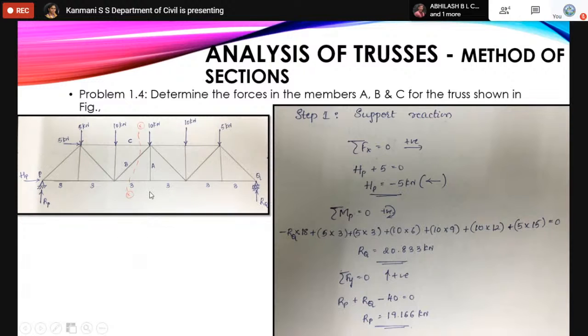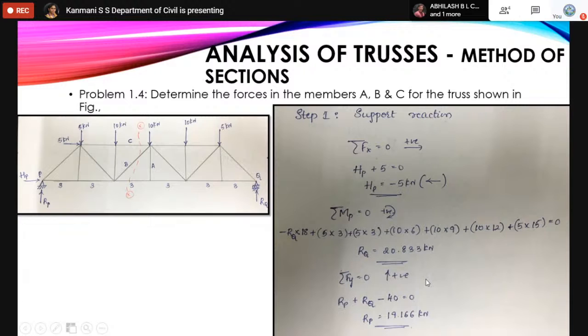And see this Rq about point P, Rq is moving like this, so minus Rq into 18. These are the vertical forces I have taken. Now the horizontal force about point P is moving like this, so again in the clockwise direction, plus 5 into the height, which is 3 meter. If you calculate that, you will get Rq as 20.833.